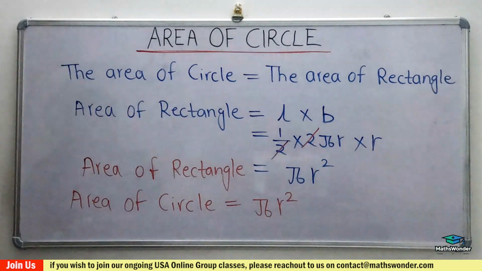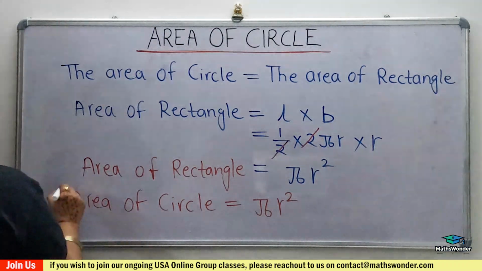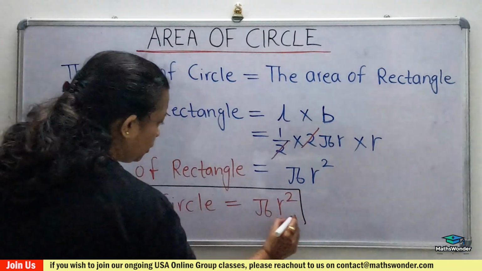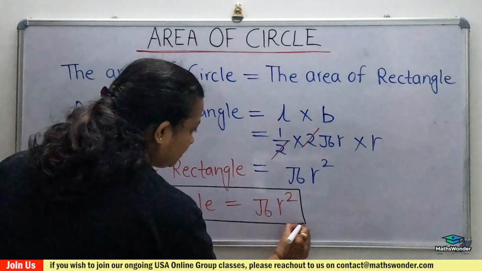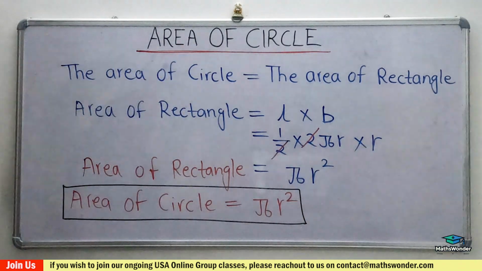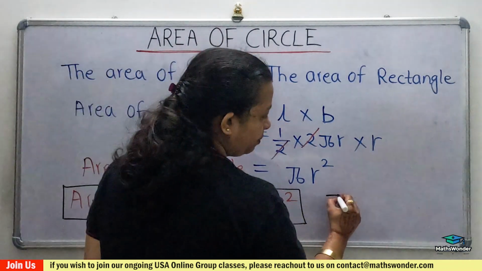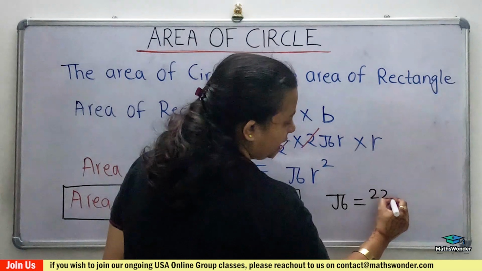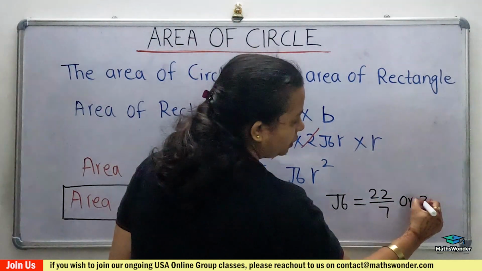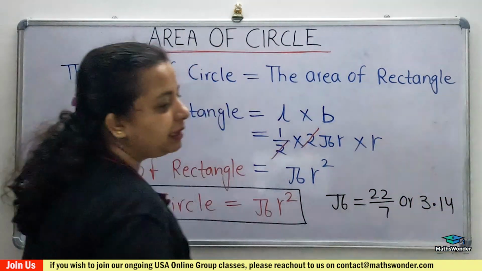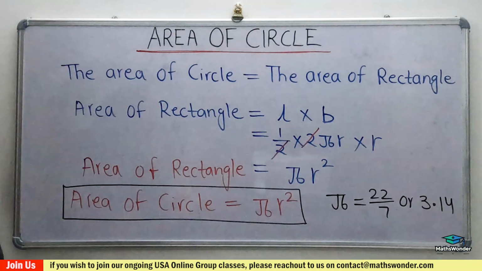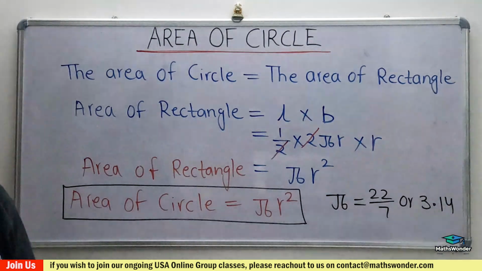As you know, pi is constant. You can use any value of pi, 22/7 or 3.14. Pi is a fixed constant. Only the radius will change according to the question. All right?